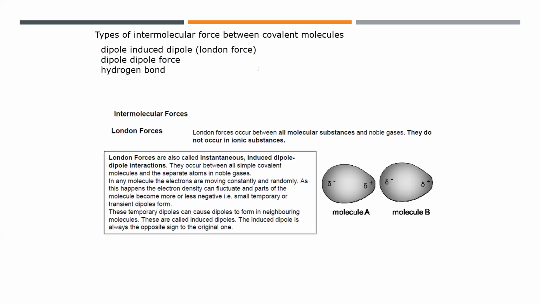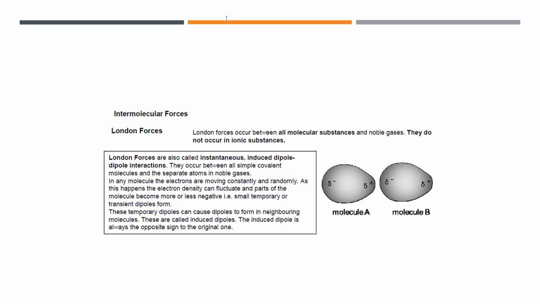Basically, London dispersion force, or weak van der Waals force, what happens? It exists in all molecules, and this force is directly proportional to the number of electrons. If I say we have helium, a monoatomic gas, it is easy to understand in terms of monoatomic gases.